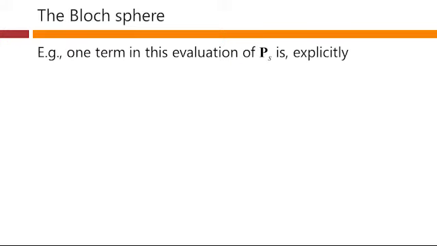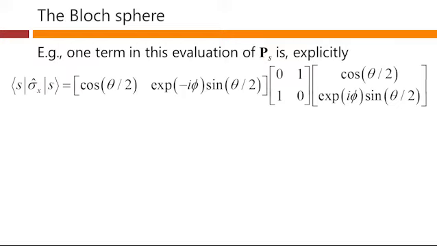So here's the evaluation of one term explicitly. So we're looking at the x term here. So this is our vector S as a ket vector. Here it is as a bra vector. Note we have the complex conjugate in here as we need. And this is the sigma x operator.